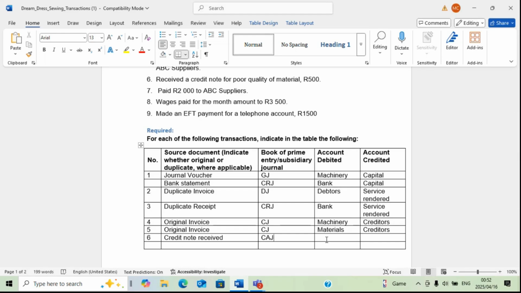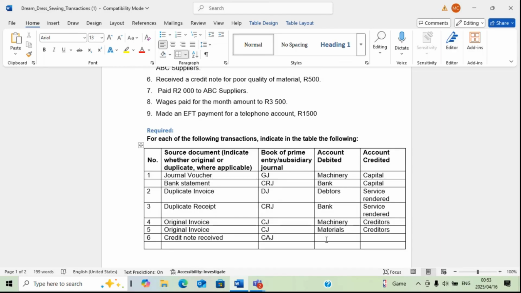If you were owing a supplier 5 rand, for example, because you bought goods for 5 rand, and you return goods worth 2 rand, you're going to be owing the supplier 3 rand at the moment. So there's a decrease in the amount that you're supposed to pay to your creditors.